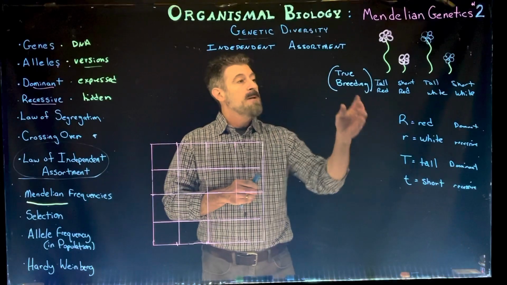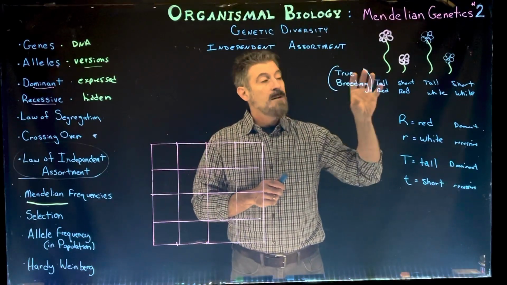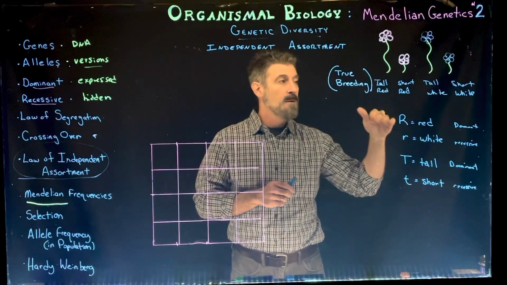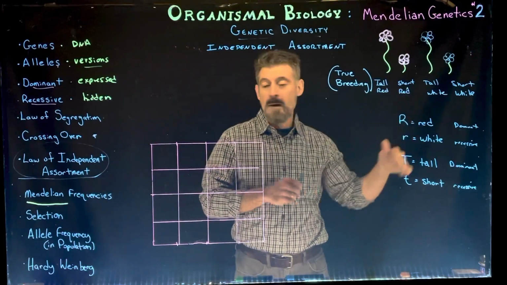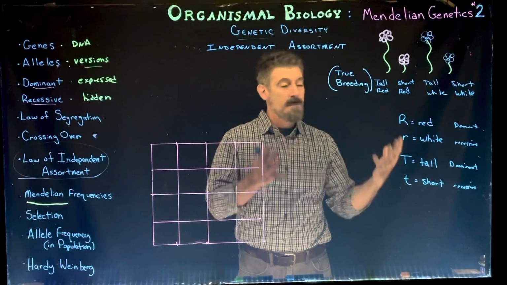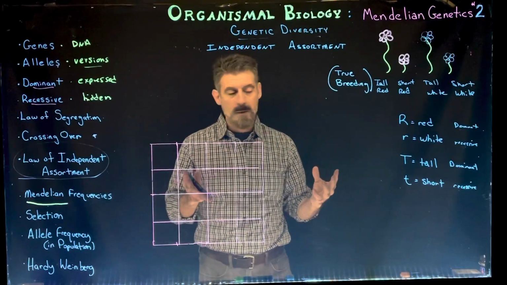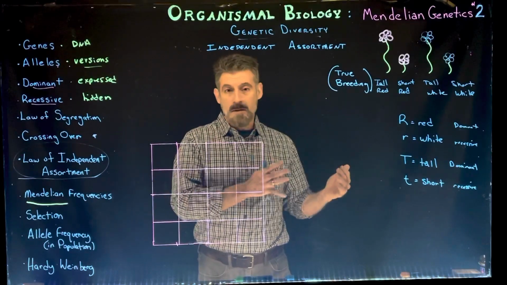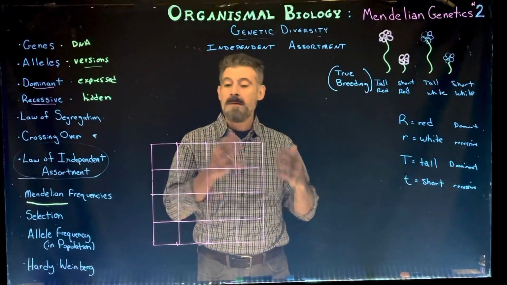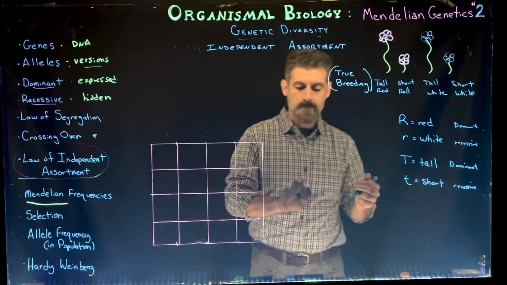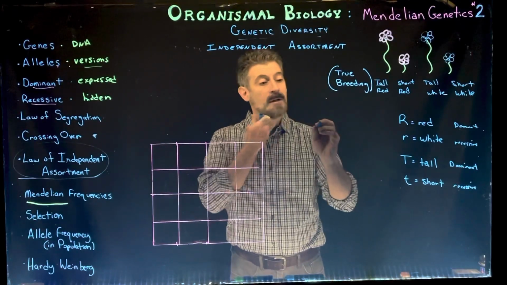So the idea would be to create plants that would be tall and red, tall and white, short and white, and so forth. And then try to breed them and look at all the different patterns. It's a whole variety of different complex experiments that would be done to look at all the offspring and count them out.